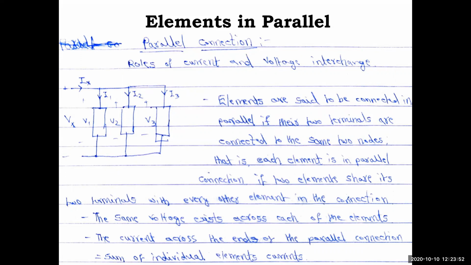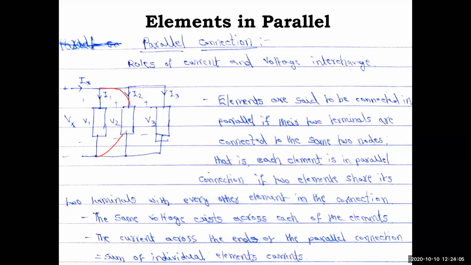You can see this in the figure, where the elements are connected in parallel to the same node, and another element is connected in parallel to the first element. Instead of showing a curved line like this, in electric topology we normally draw straight lines, which is why it is shown like this.